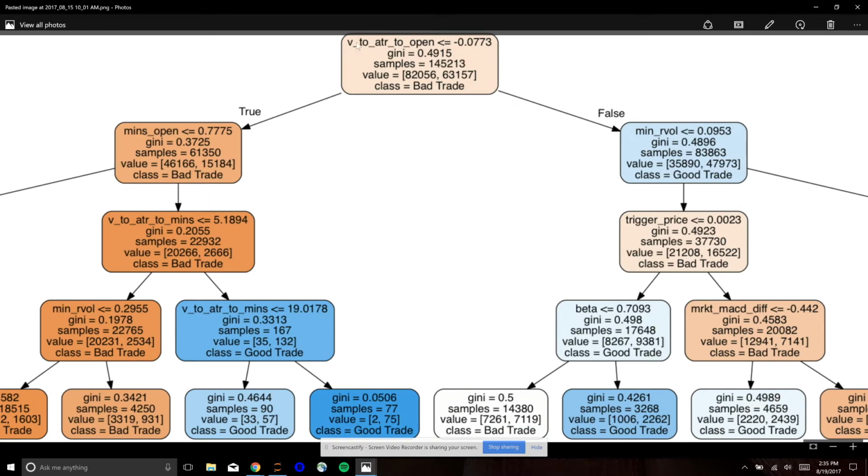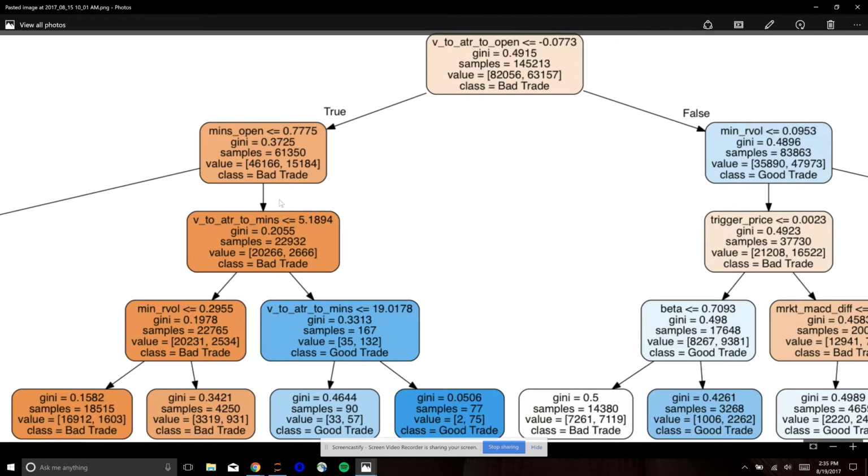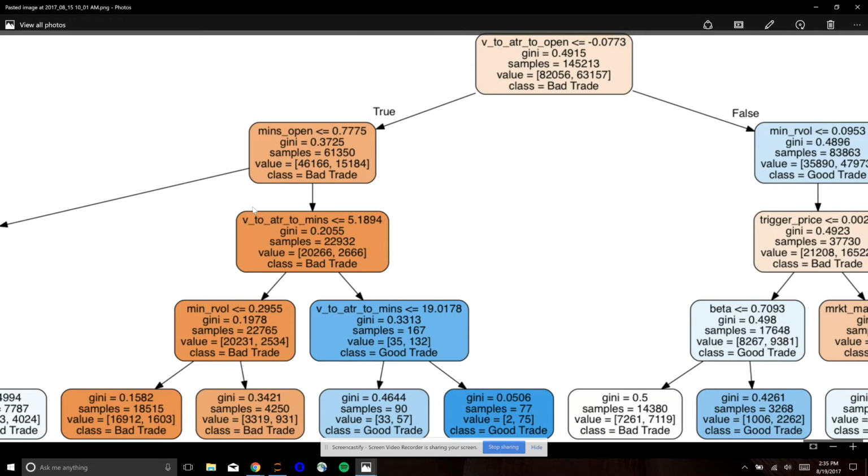So when it's looking back at data, it can say, okay, is the V2 ATR to open less than 0.0773? Yes. Okay, then we move that trade into this new one. Then it says, is the minutes since open less than 0.7775? Nope. All right, then we move down to this one. Then we ask, is the V2 ATR to minutes, another similar geometric variable that I created, less than 5.189?